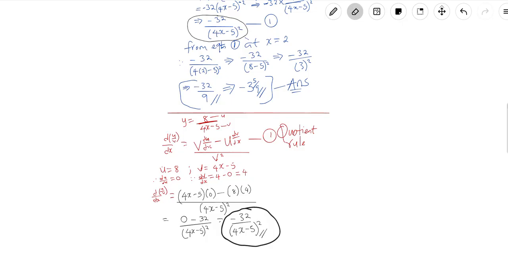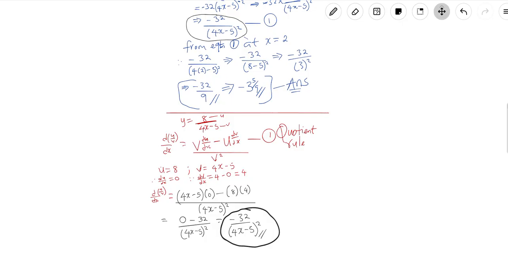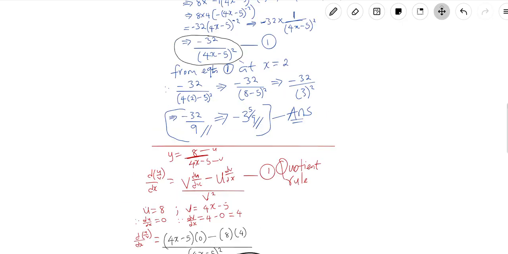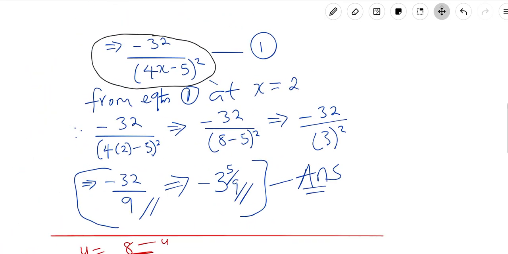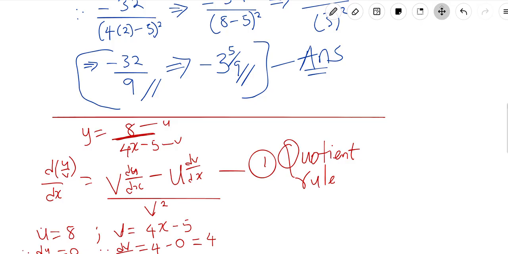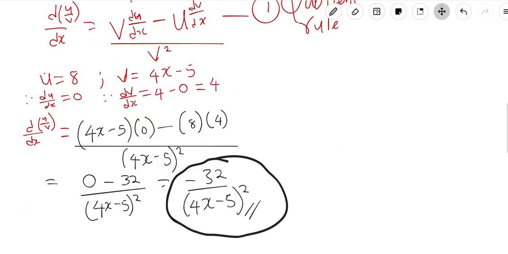So irrespective of what you use, as long as you do the right thing, you arrive at the same. So this is negative 32 over 4x minus 5 squared, and using the quotient rule, we still arrive at negative 32 over 4x minus 5 squared.